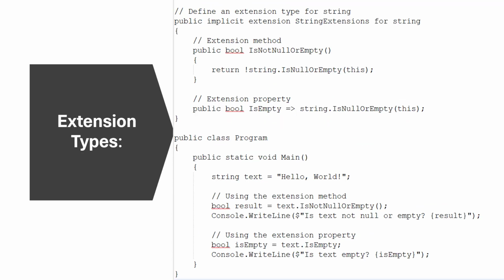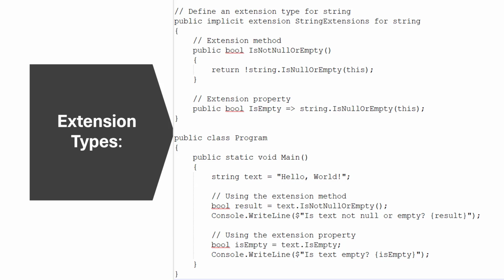And the last one is extension types, and this is my favorite. What about extension types? Extension types do not need to modify your existing class. We just extend its functionality.